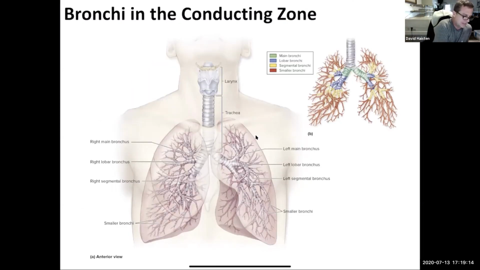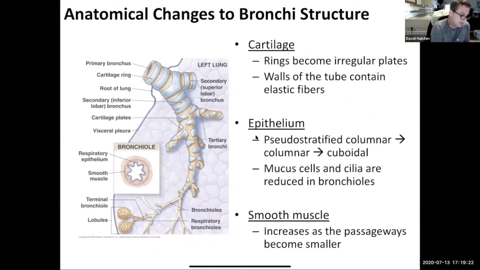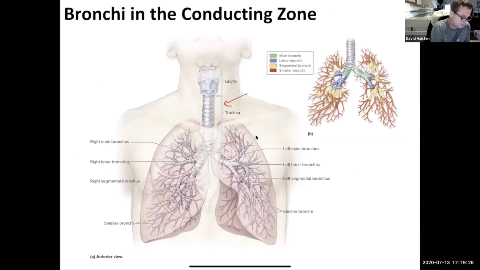On your trachea, we have C rings. Okay. When we move into the primary bronchi, we could have complete rings, and the rings are going to give way to plates.